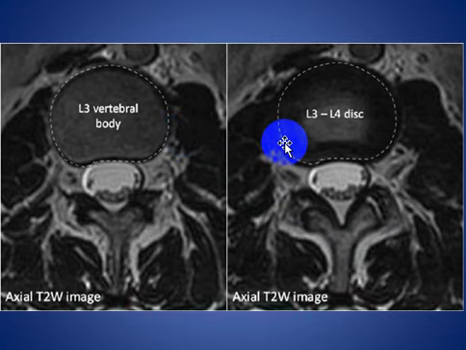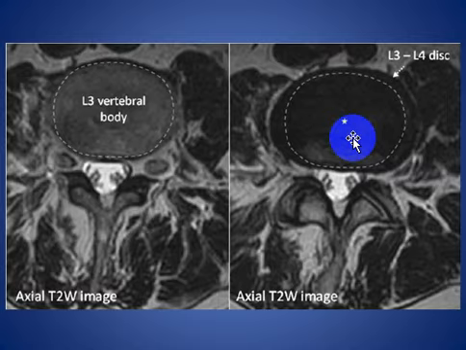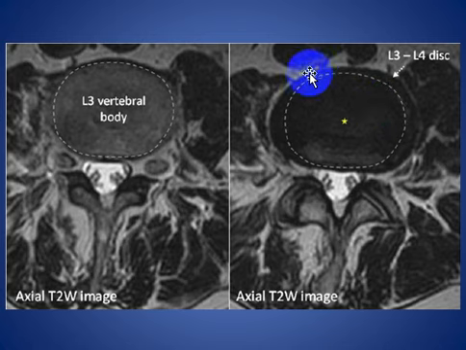Here we see a normal L3 vertebral body with a normal L3 disc level. Here we have the L3 vertebral body, and this is the symmetric circumferential bulging of the disc at the level of L3.